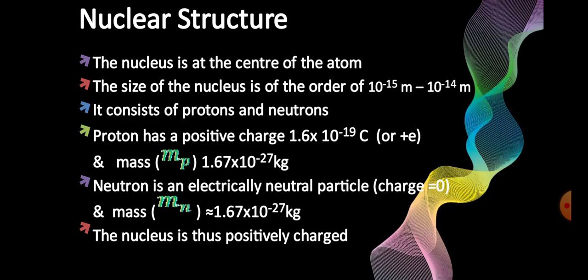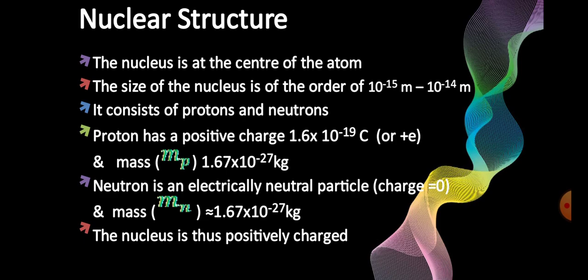The nucleus is at the center of the atom, whose size is about 1 lakh to 10,000 times smaller than the size of an atom. It consists of nucleons, that is protons and neutrons. Proton has a positive charge, which is 1.6 into 10 power minus 19 coulomb.